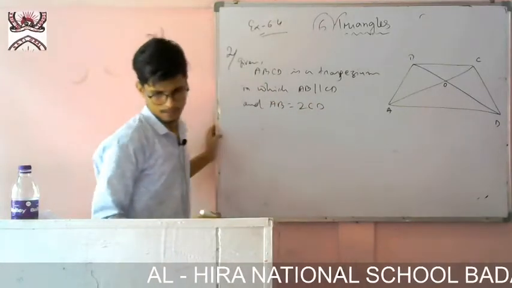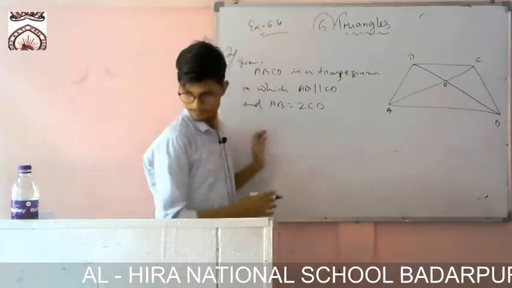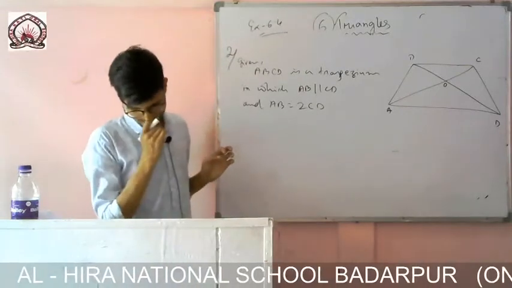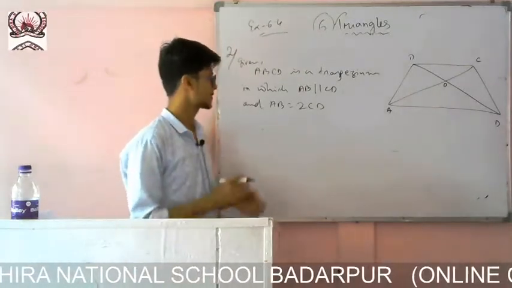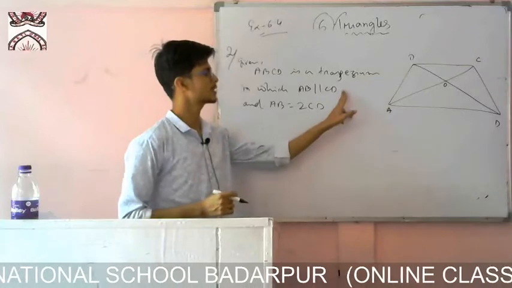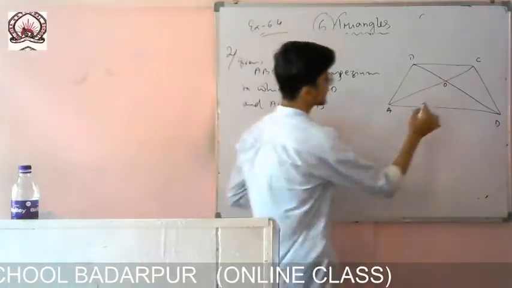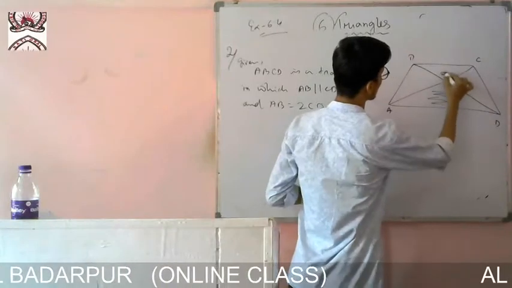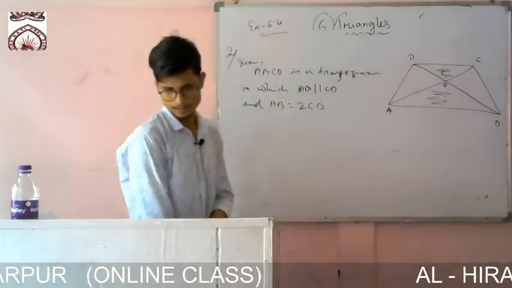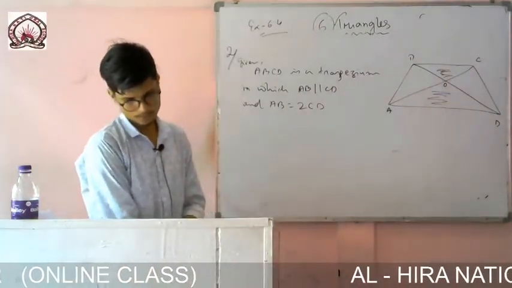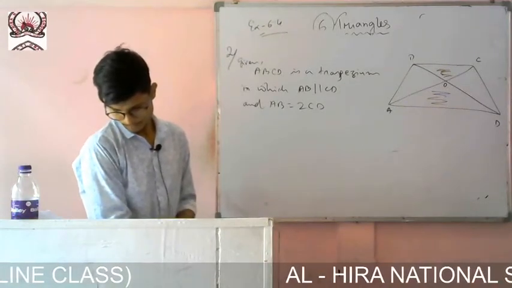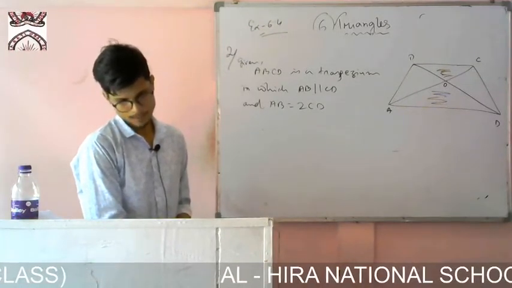Yes, twice CD. These are the things given in the question. So I have to find the area of this triangle AOB by the area of that one. I have to find the ratio of the areas of these two triangles, AOB by COD.